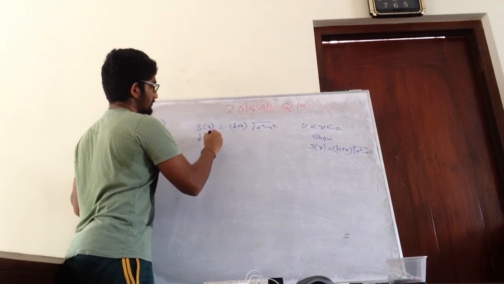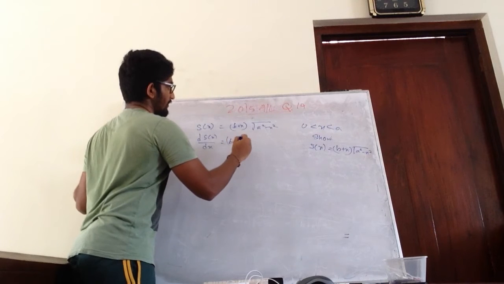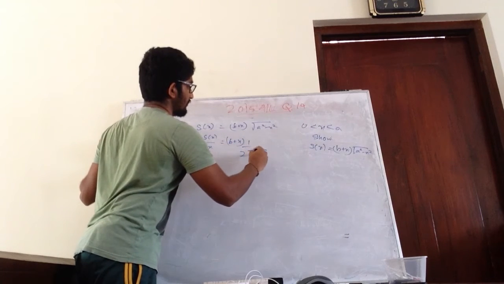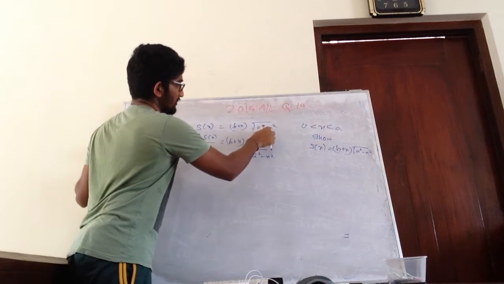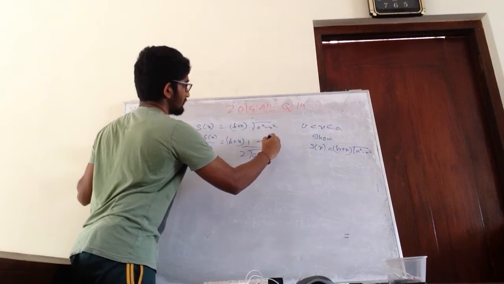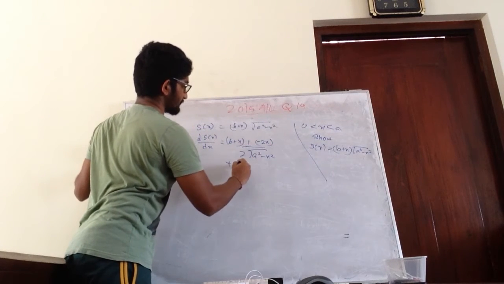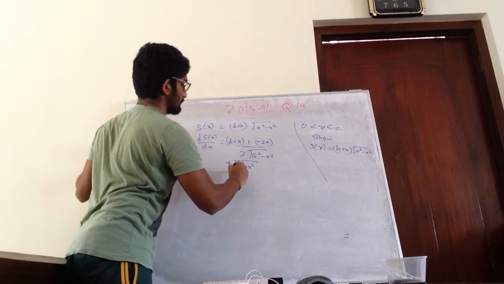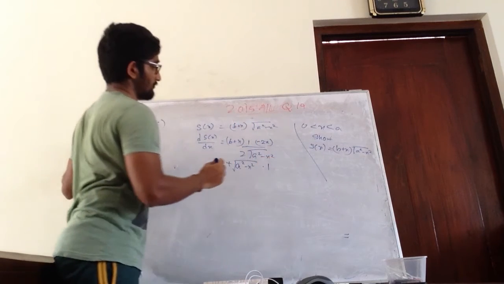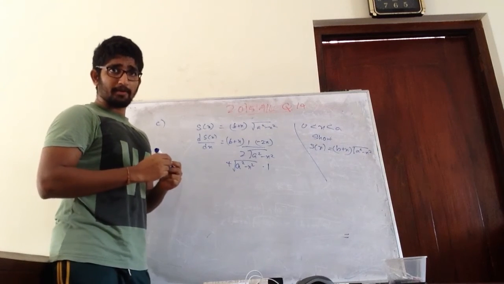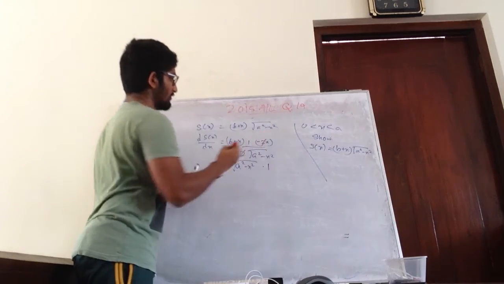So dSx over dx is (b plus x) times half times 1 over the square root of a squared minus x squared, times minus 2x, plus the square root term times 1. Then I cut these two off.